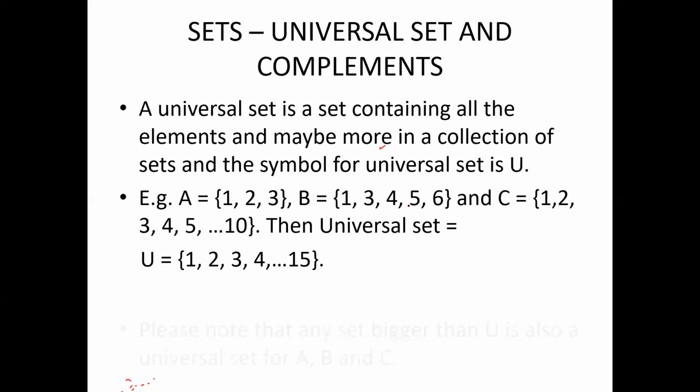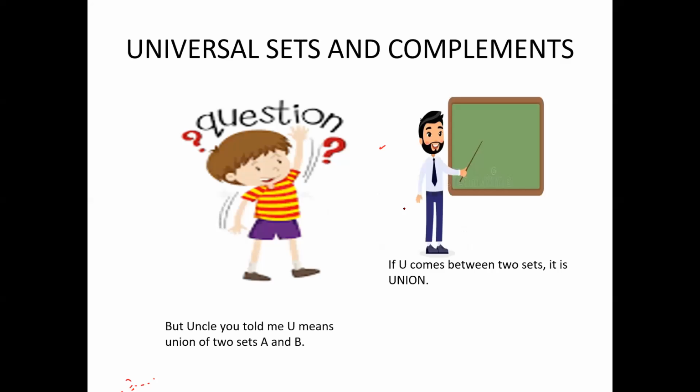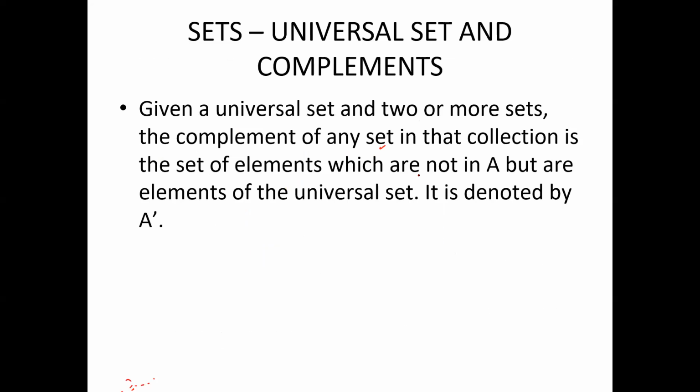So what is a complement? In probability it is the A bar. Given a universal set and 2 or more sets, the complement of any set in that collection is a set of elements which are not in A but are elements of the universal set.